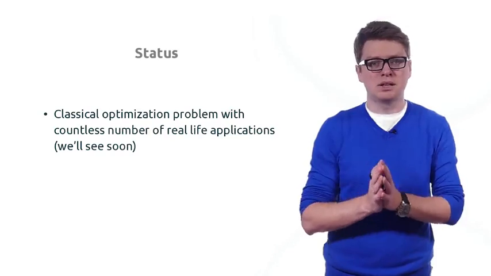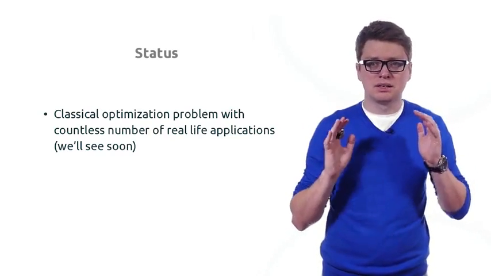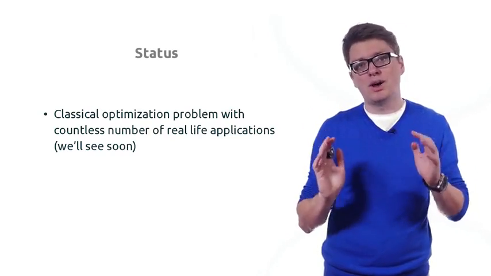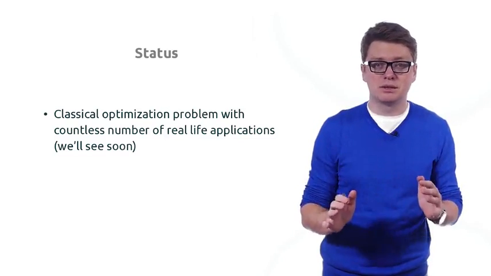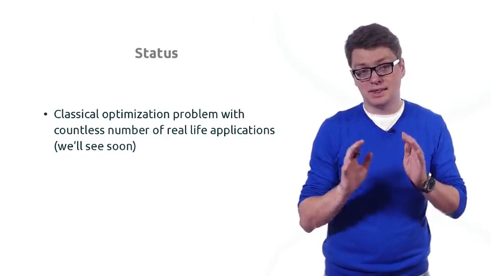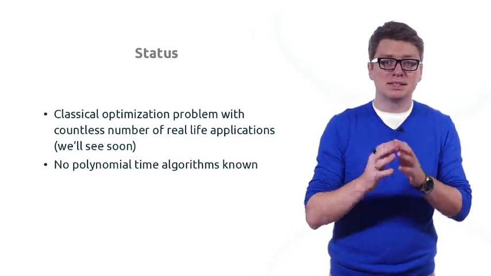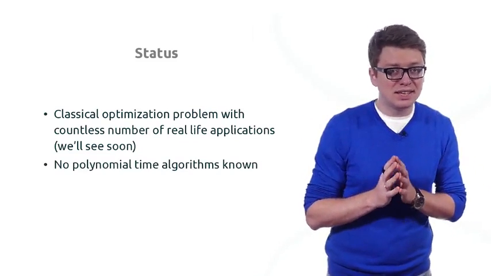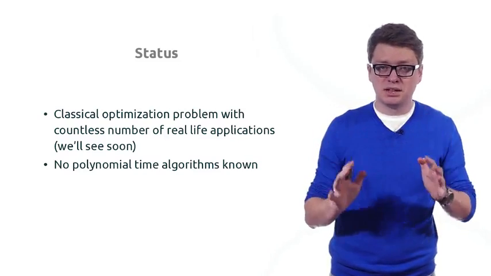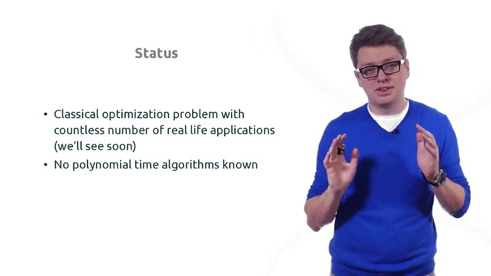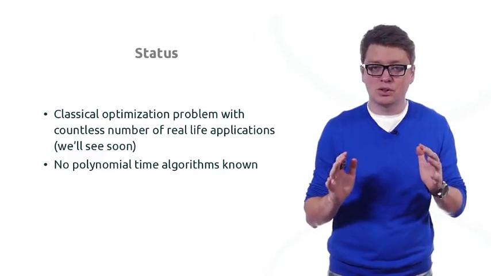There are countless applications of the traveling salesman problem in practice, and already in this video we will see several of them. The state of the art is that for this problem we still do not know a provably efficient algorithm.